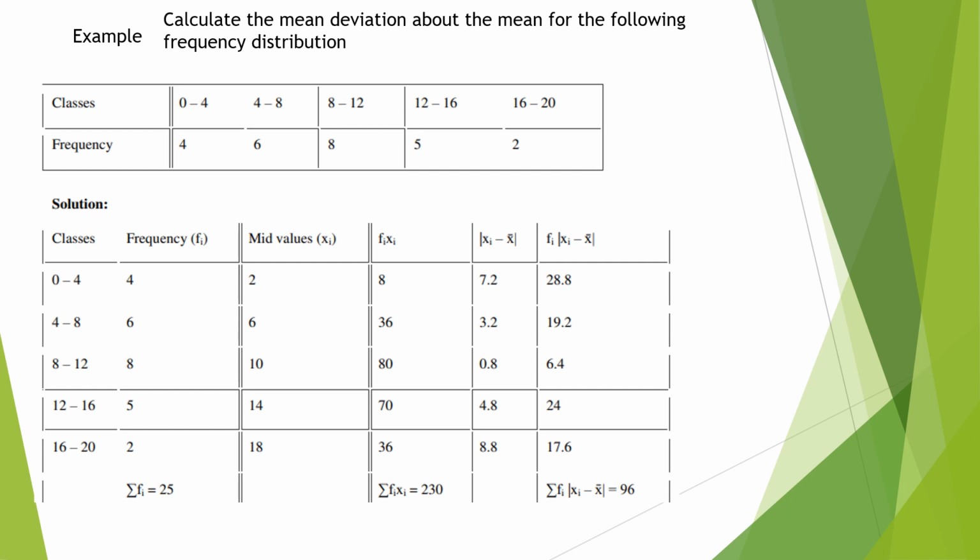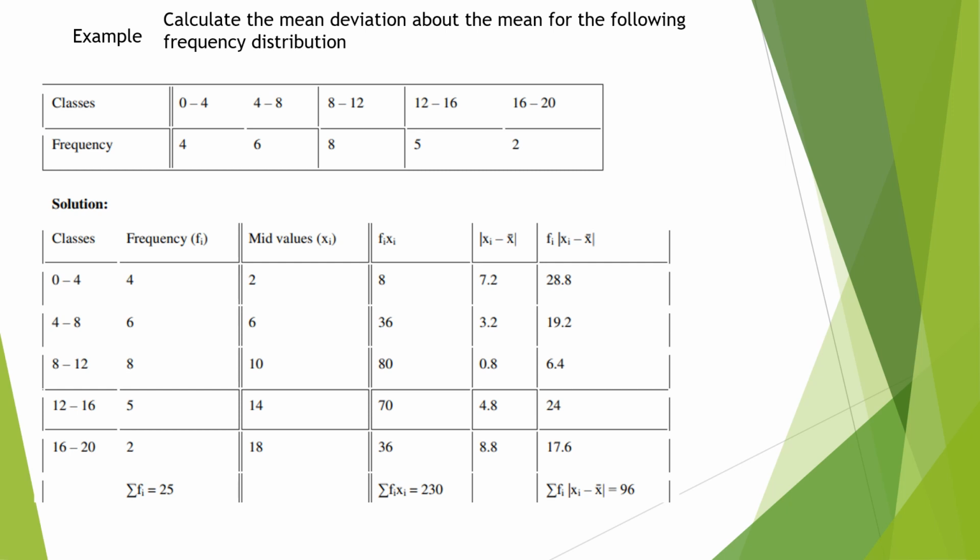Next is: calculate the mean deviation about the mean for the following frequency distribution. It is a continuous series first of all. First is the classes, second is the frequency. First of all we need to find the mean. The sum of frequency is 25.